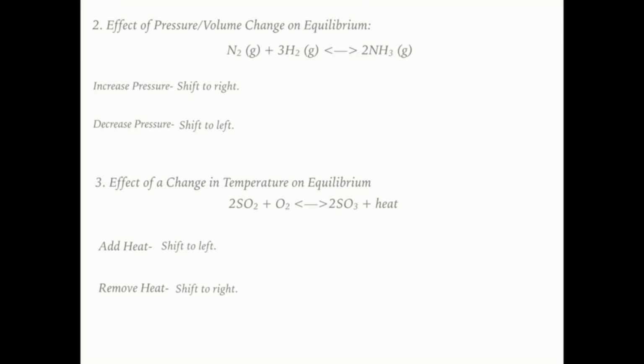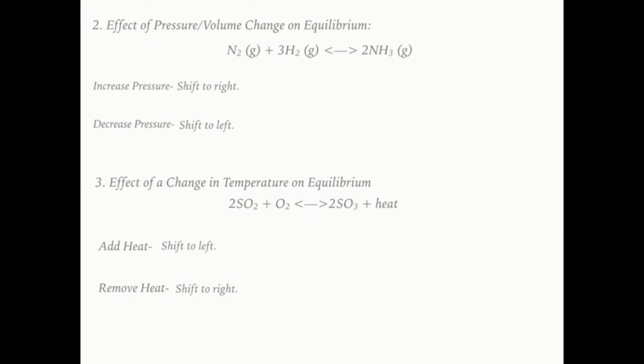Okay, so what exactly do these shifts mean? If we look back at the effects of pressure, if I'm shifting to the right, I'm going to increase the amount of NH3 I have, and I'm going to decrease the amount of N2 and H2. If you look at SO2 and O2, it's super similar.